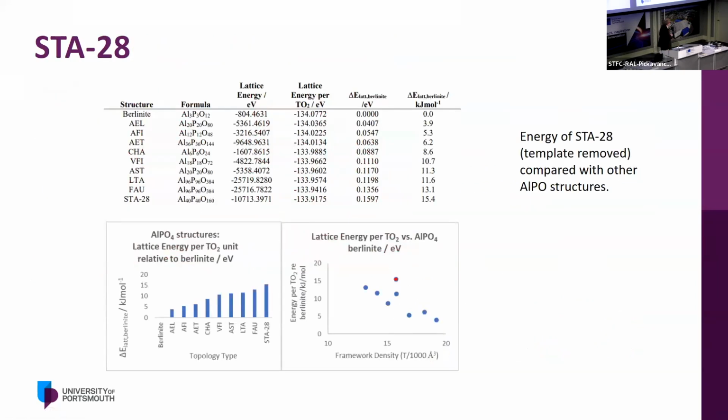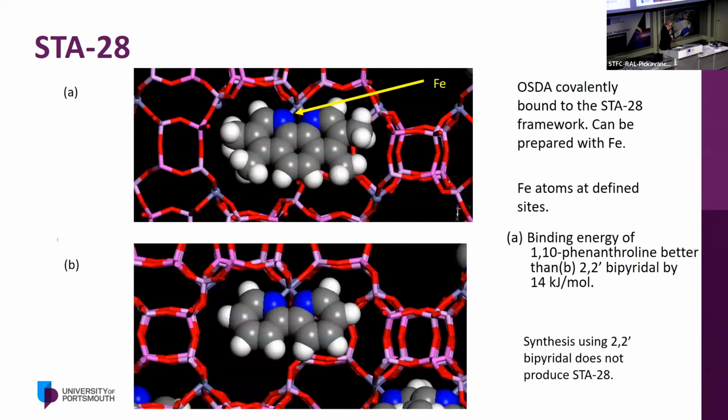What is interesting from the energies is that when you compare it with other ALPO type structures, you see something which is significantly less favorable. So that strong covalent bond with the template seems to play an important role in stabilizing what might ordinarily be a difficult structure to synthesize.